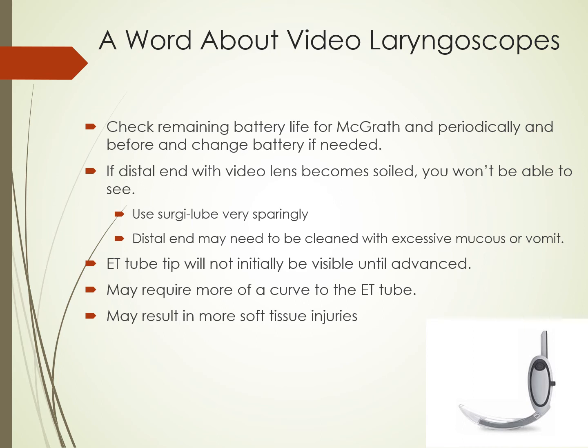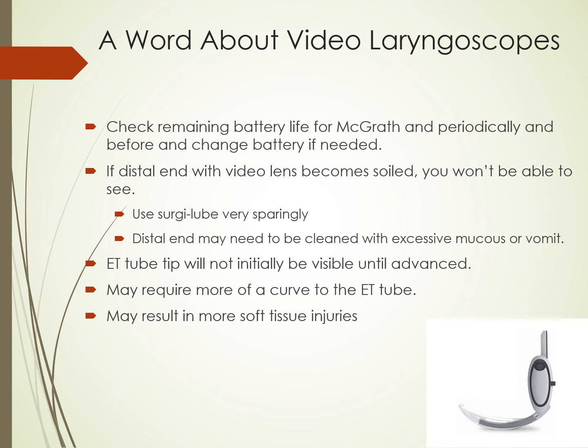ET tube tip will not initially be visible. At the beginning it's very visible. But if you're directly intubating the patient using your laryngoscope, you're seeing the entire way. With most video laryngoscopes, at some point the distal end of the tube you actually can't see.